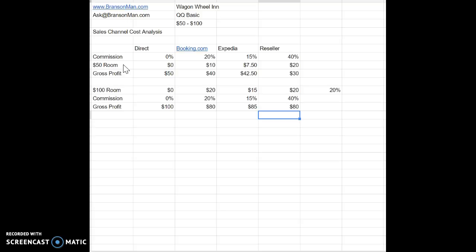The other thing that's important to know, if it's being sold online, is how you are connected to the OTAs. That just means the online travel agents, the Expedias and Bookings of the world. Because often the computer company that connects you to them, they are taking a cut as well, and a lot of people don't know that.